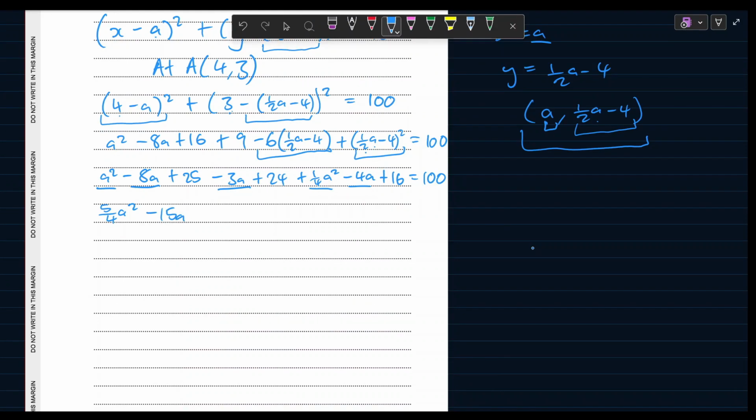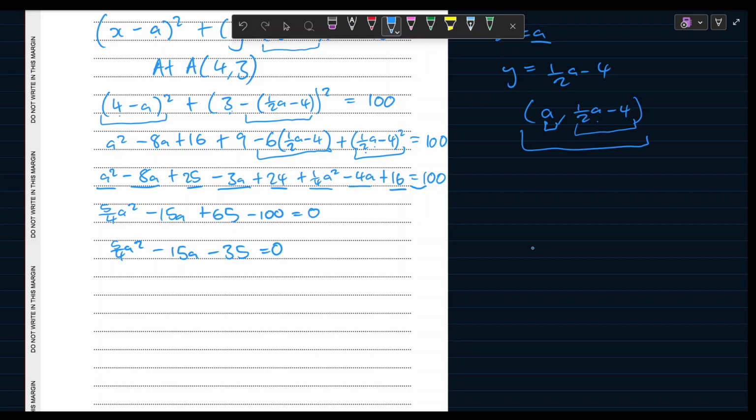Then here we've got 25 plus 24, which gives us 49, plus 16, that gives us 65. And then I'll bring the 100 to this side, so minus 100 is equal to 0. And so what we have is 5 over 4 a squared minus 15a. Then we've got 65 minus 100, which is minus 35, is equal to 0.